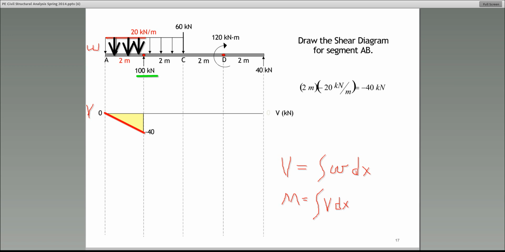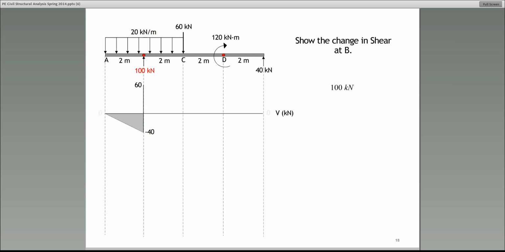At the point B, guys, there is a reaction of 100 kilonewton, which we saw in the previous slide. So the shear actually changes 100 units going up. So the net change is supposed to be 100. If we begin at negative 40, where do we end? 60, right there. Does everybody see how that's working?